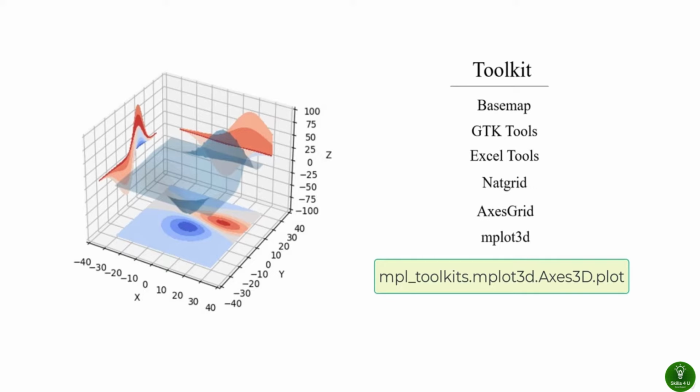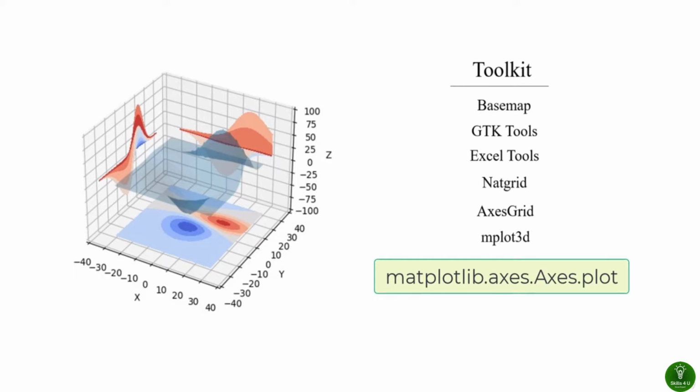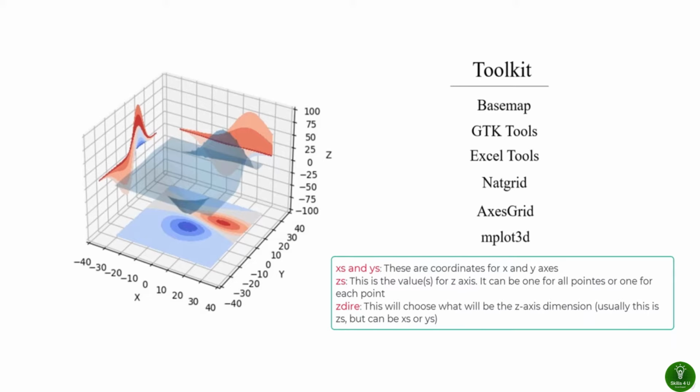mpl_toolkits.mplot3d.axes3d.plot specifies xs, ys, zs, and zdir arguments. All others are passed directly to matplotlib.axes.Axes.plot. We will explain these specific arguments. Xs and ys are the coordinates for the x and y axes.